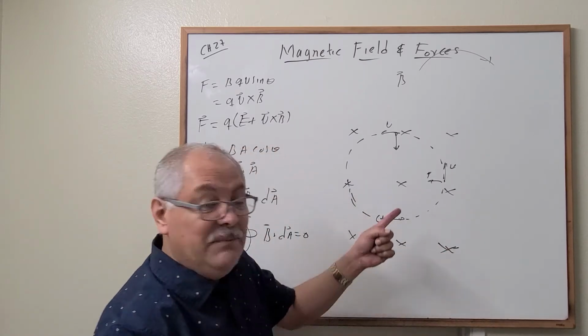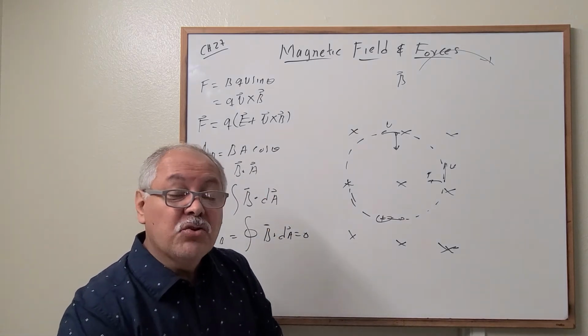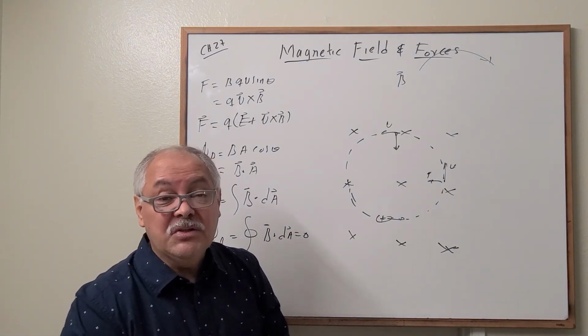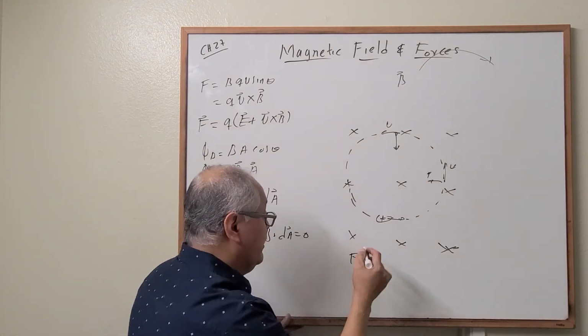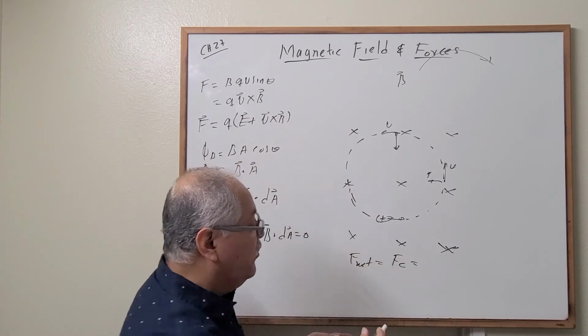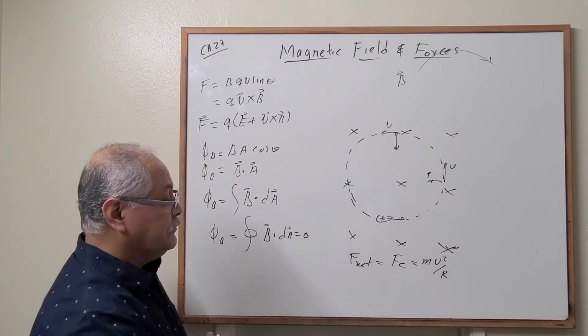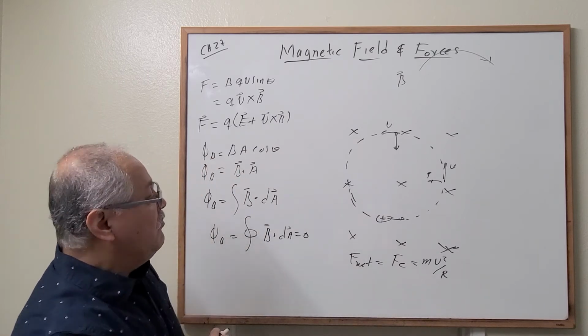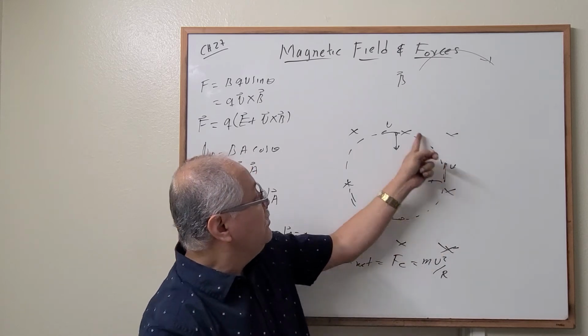Let's see, because this is a circular path, and because the speed is constant, the net force must be equal to the centripetal force. Remember that from mechanics? In a circular path, the net force equals the centripetal force, and centripetal force equals mass times v squared over r. Correct? Now, what is the force that makes this charged particle move in a circular path?